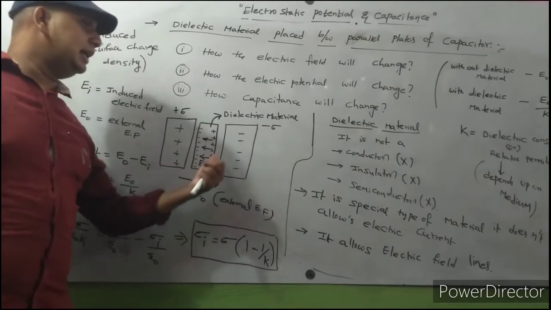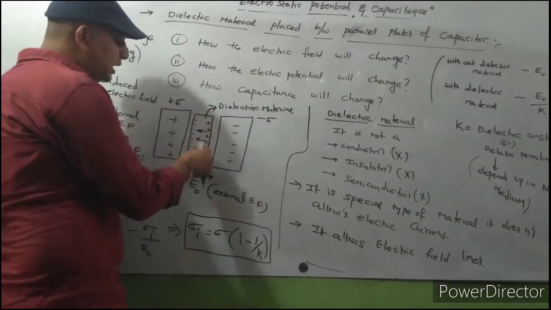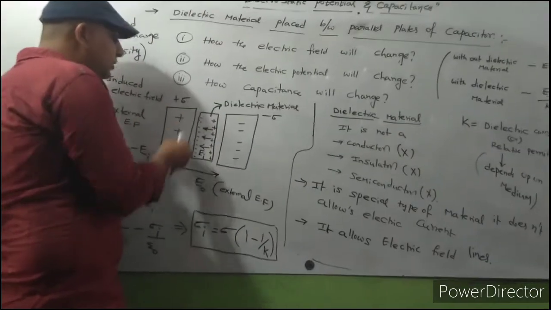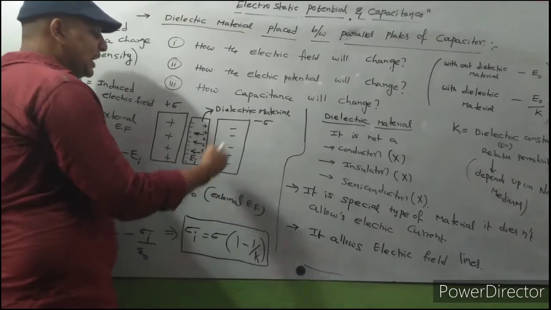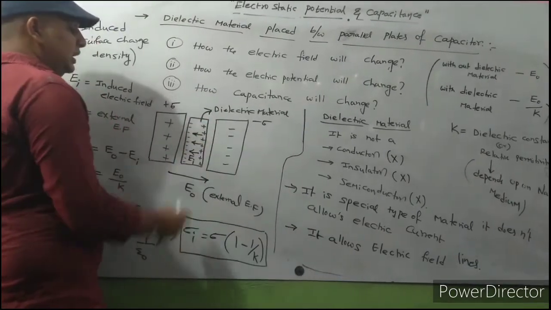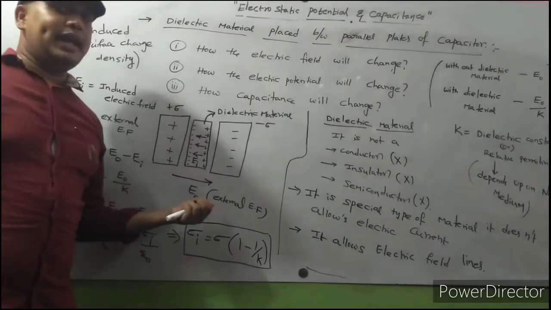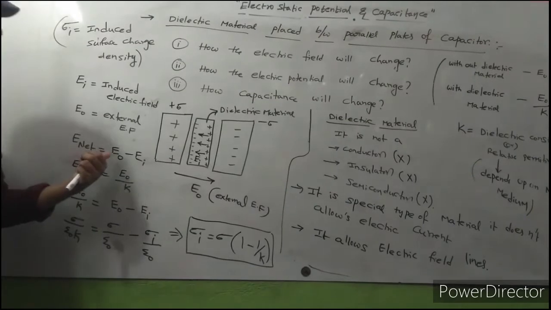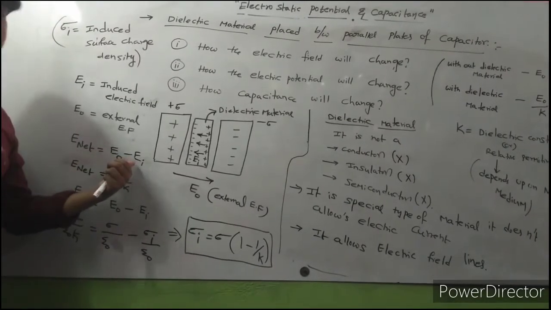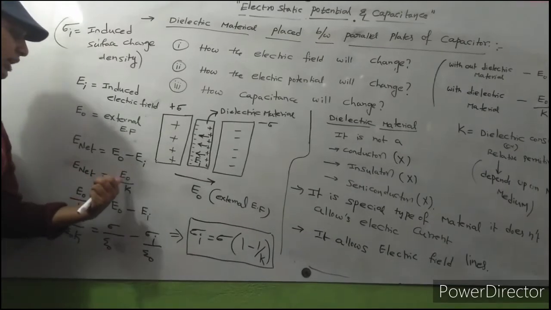Whenever we place dielectric material, due to the negative charged sheet, positive charges settle here, and due to the positive charged sheet, negative charges settle here. Due to this setup, an induced electric field EI is developed, and outside is the external electric field. Net electric field is equal to external electric field minus induced electric field. That means E net is equal to E naught by K.